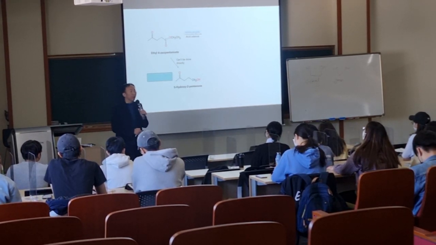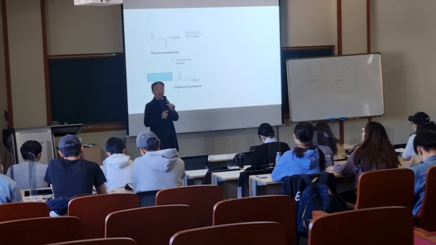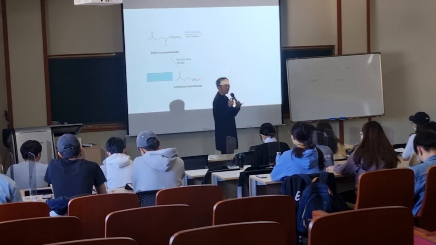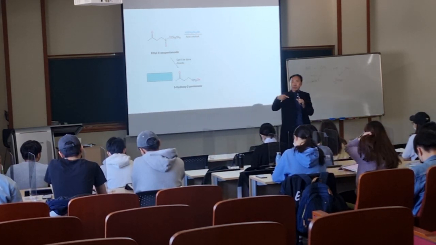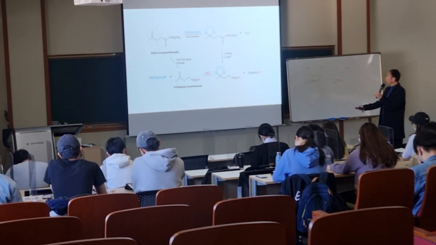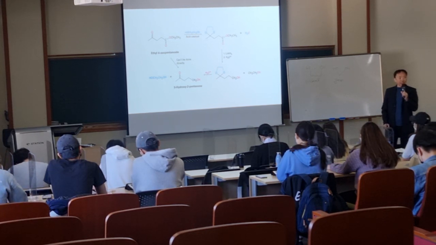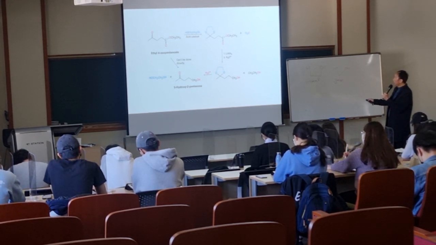To make it more stable, one trick is to use this kind of connected diol. Then one alcohol attacks, and the other alcohol is existing nearby, so it is easier to attack that position. This is acetal forming, but this is a cyclic acetal. And then this can be protected this way.